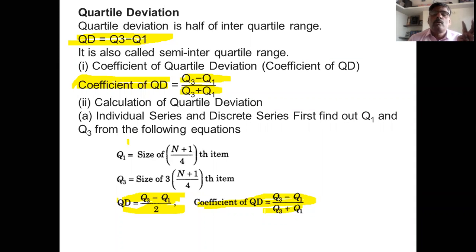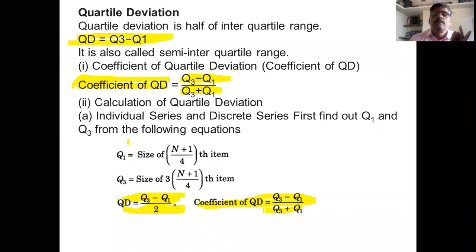The second form of example is the value of X and frequency, that is grouped data, discrete series. And third is the continuous series, where classes and frequencies are given. In that there are two types: inclusive class, how to calculate quartiles, and exclusive class, how to calculate quartiles.